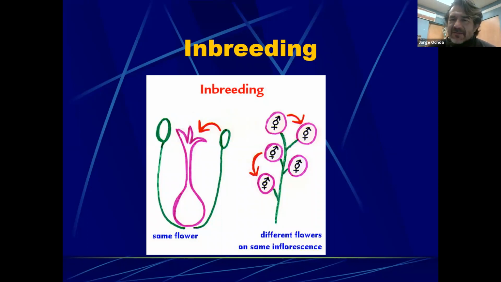So often they'll prefer to have the pollen from a different individual being outcrossed, but if there's an absence of insects, if there's no pollen that reaches the stigma in the time period when it's receptive, then as a last resort, many plants will pollinate themselves with their own pollen.